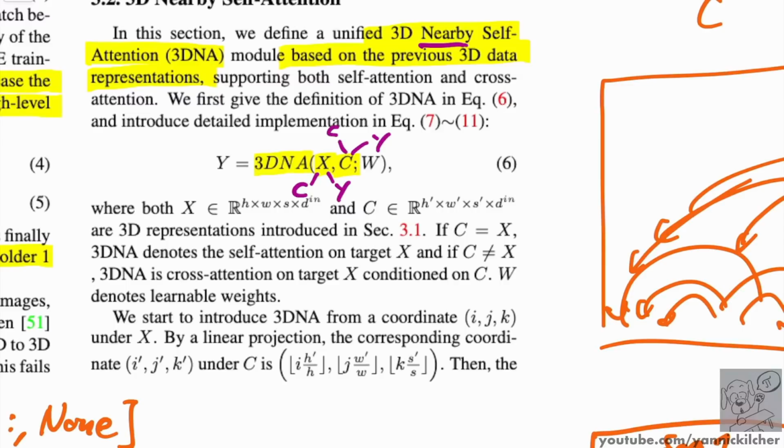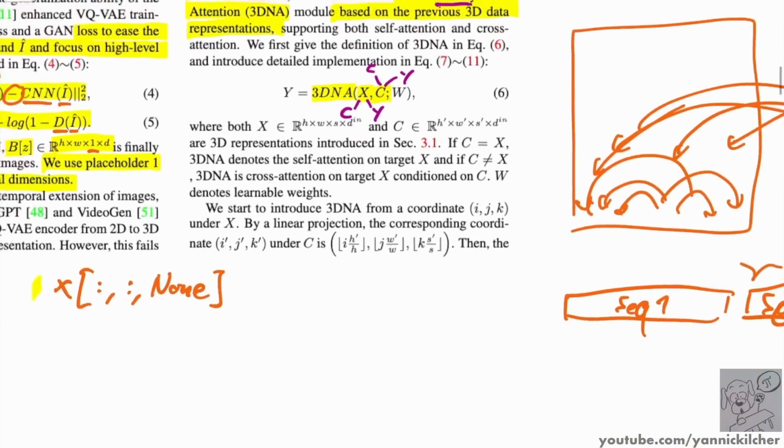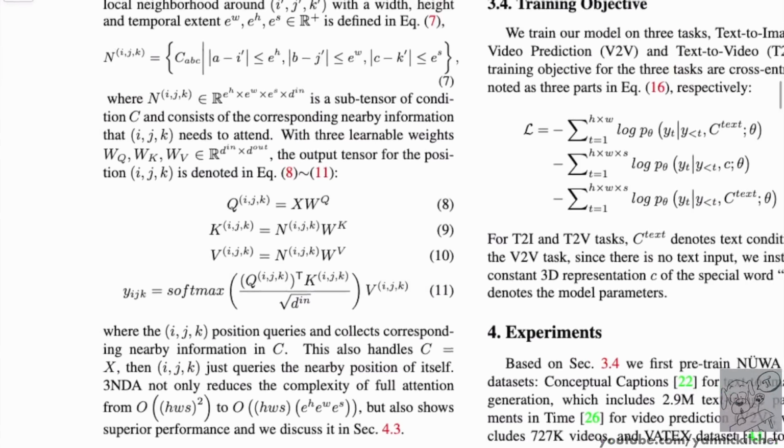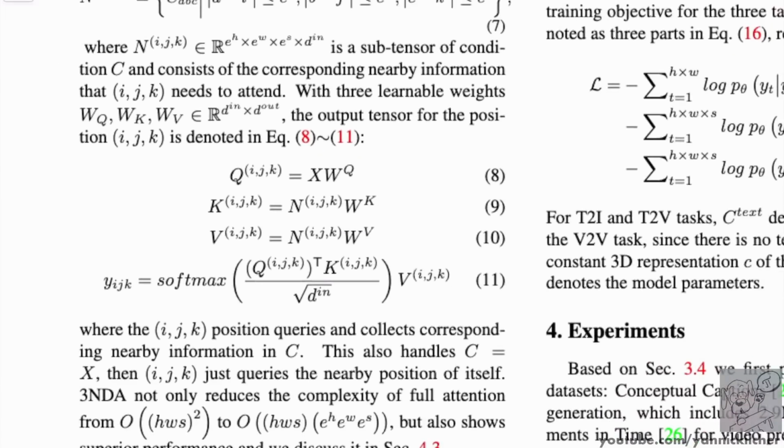So yeah, I'll just make it a little bit confusing right here. In any case, it's just a matter of how you compute the keys, the values, and the queries. As you can see, the queries are always computed from the entire vector tensor x. So whatever is producing the query, the entire thing is producing the query.